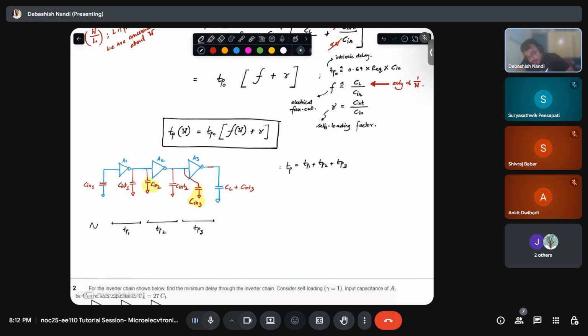If I write this formula, I will have TP01 times F1 plus gamma 1, plus TP02 times F2 plus gamma 2, plus TP03 times F3 plus gamma 3. I want to minimize it with respect to the transistor size, right?